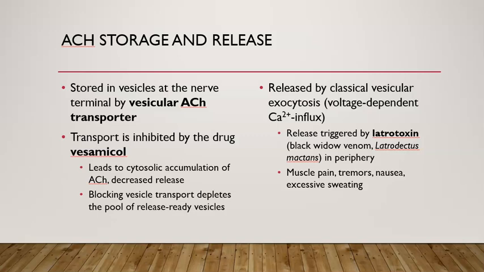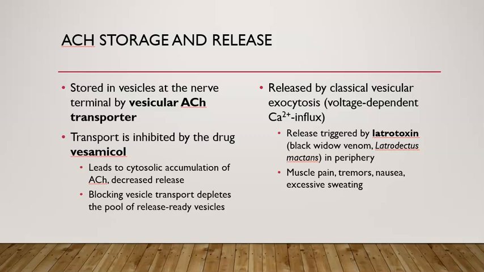Now, we can also apply certain drugs that actually trigger the release or the exocytosis of acetylcholine without this calcium influx. So the most common would be latrotoxin. This is more commonly known as black widow venom, and this only works in the peripheral nervous system.